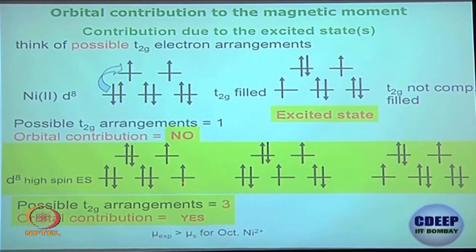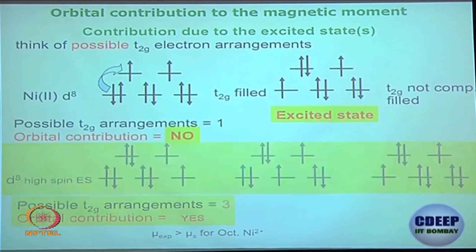Now this is another configuration. This is for t2g5 eg3, I guess. Of course, in here you can have three different orientations, that's what we are trying to say.